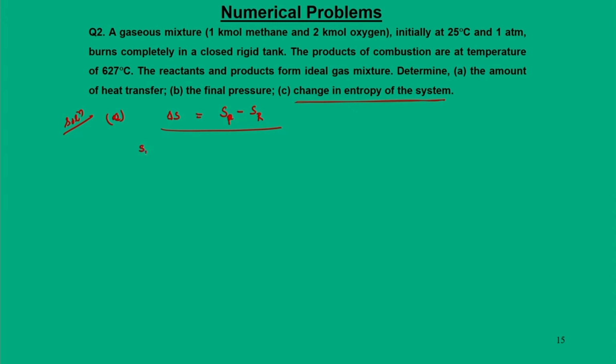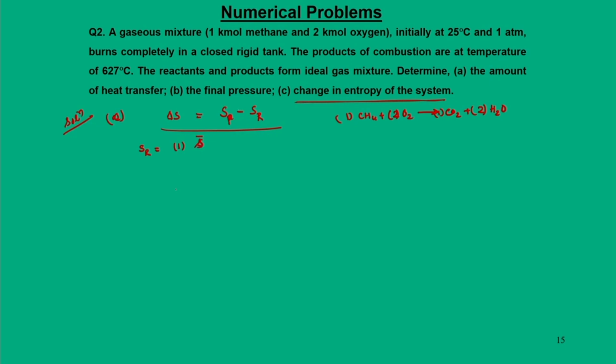Now this SR, the reactants, consists of methane, so 1 mole S bar. If you write the equation, that is CH4 plus twice O2 gives CO2 plus 2 H2O. So here 1 mole, 2 mole, 1 mole and 2 mole.